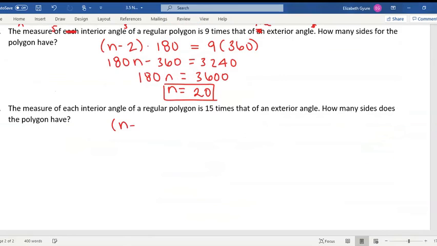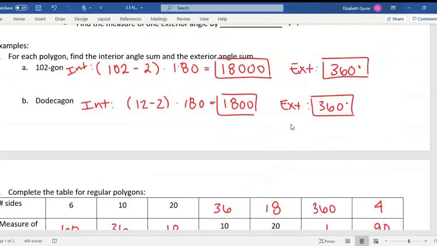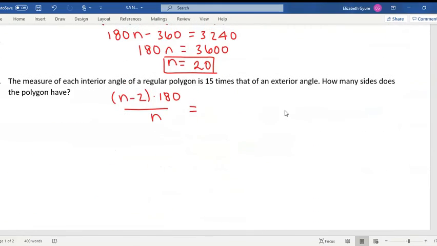So to find the measure of 1, you would do n minus 2 times 180 divided by n equals 15 times an exterior angle. So again, if you go back, an exterior angle is 360 divided by n. So we would do 15 times 360 divided by n.